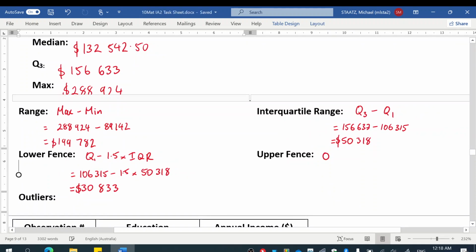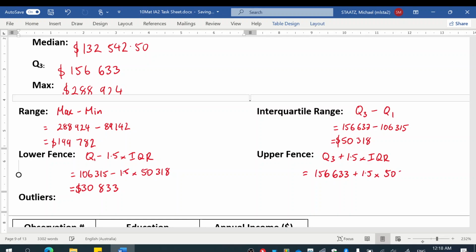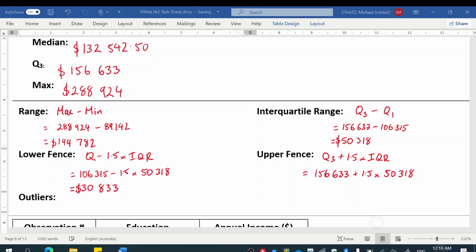And for my upper fence, upper fence is equal to Q3, my upper quartile, plus 1.5 times the IQR. So very similar. And Q3 is 156,633 plus 1.5 times the IQR, which is 50,318.